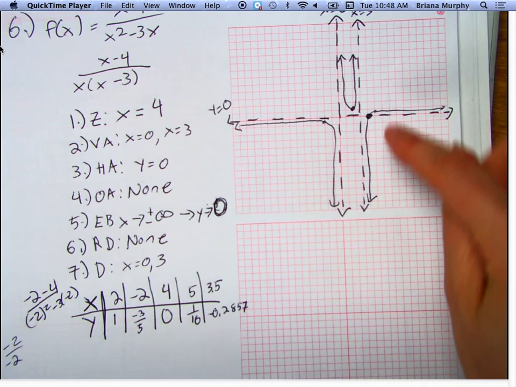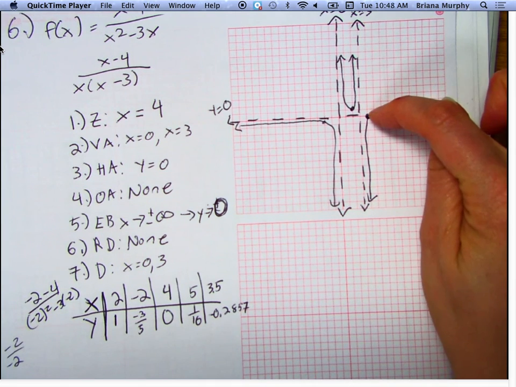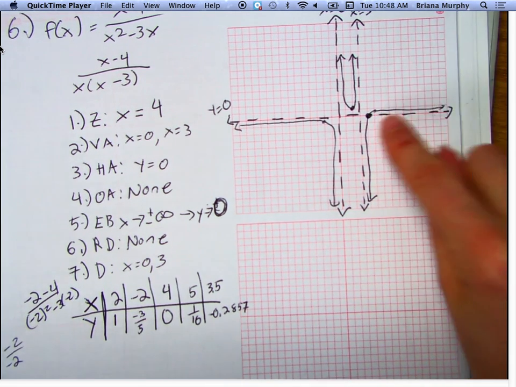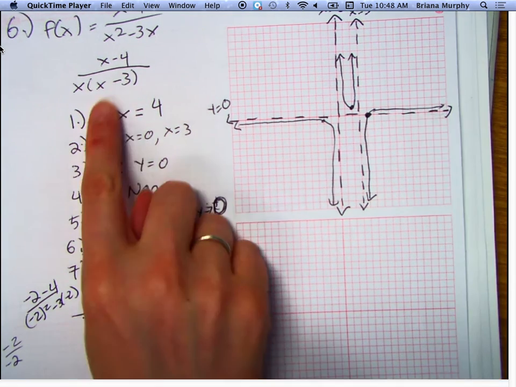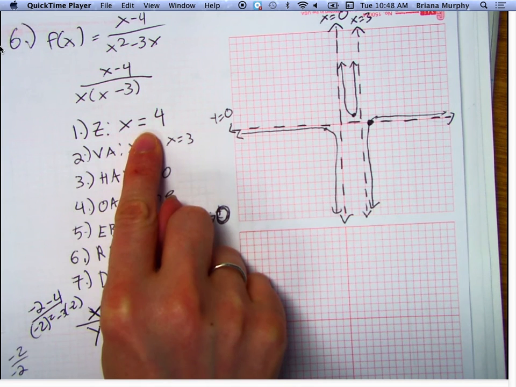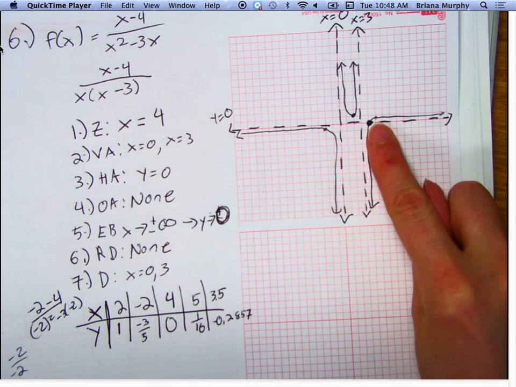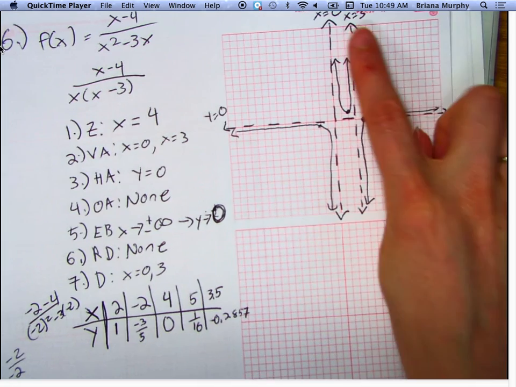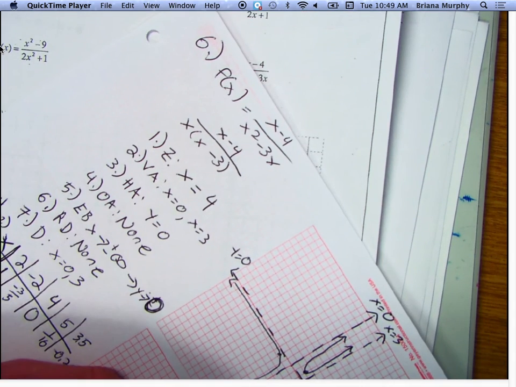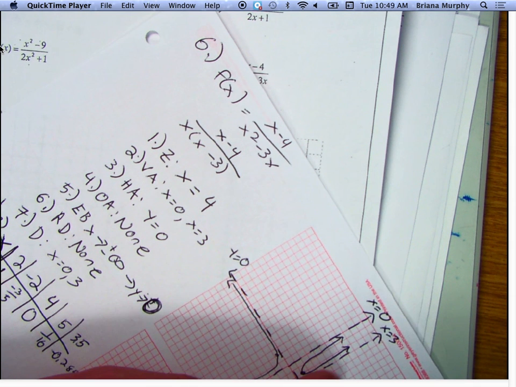So you said, okay, I get 1/10, which is above the asymptote, but I know it has to cross the 0 because that's my 0 from number 1. So it has to touch. So since it has to touch the 0, I want to know if it goes like that or like that.